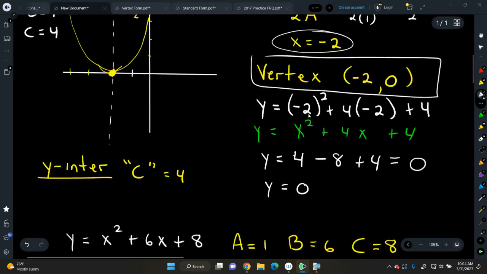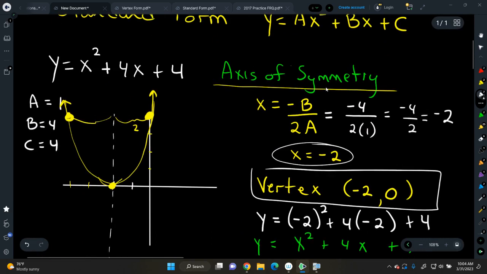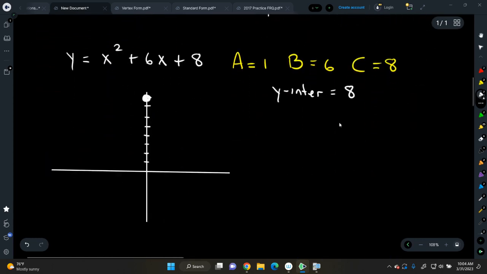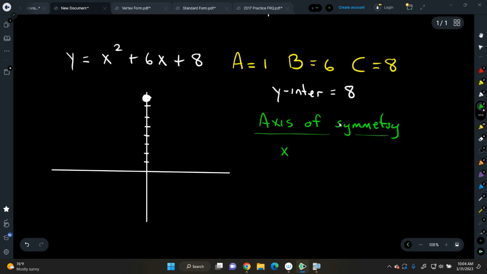Now we're going to figure out our axis of symmetry and then our vertex. It has to be in that order. Okay, so x equals negative b over 2a.